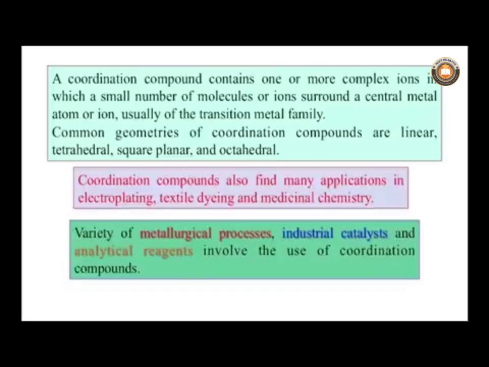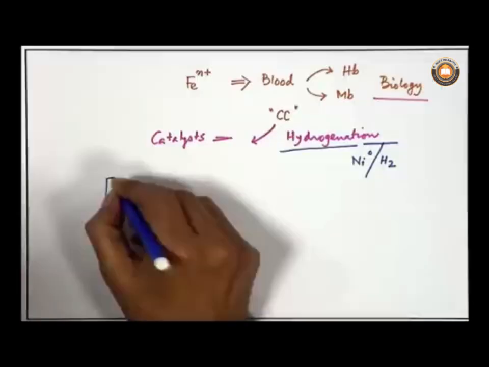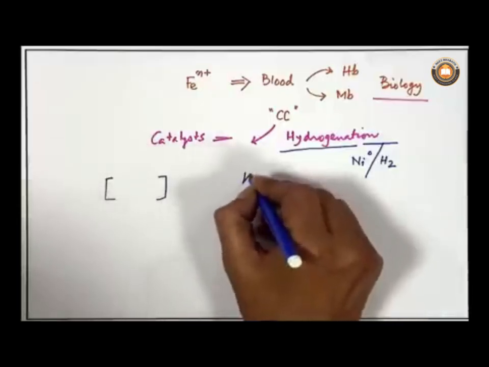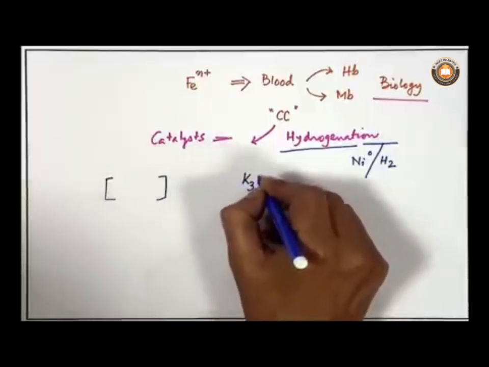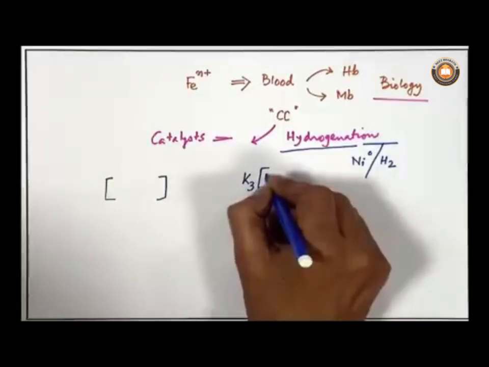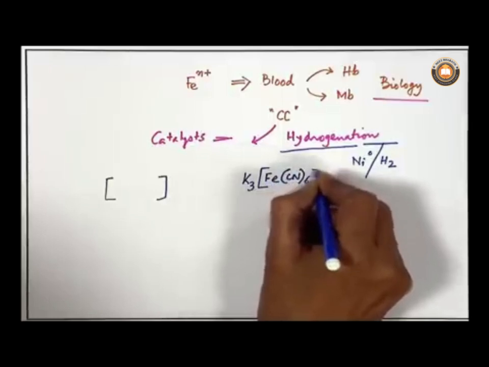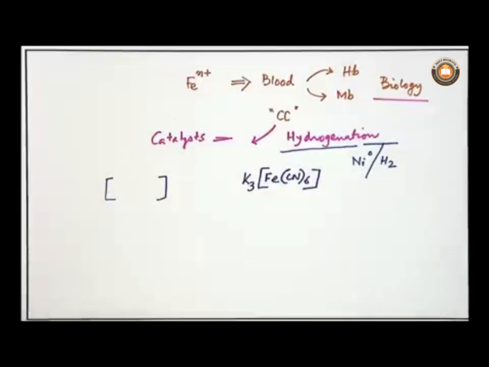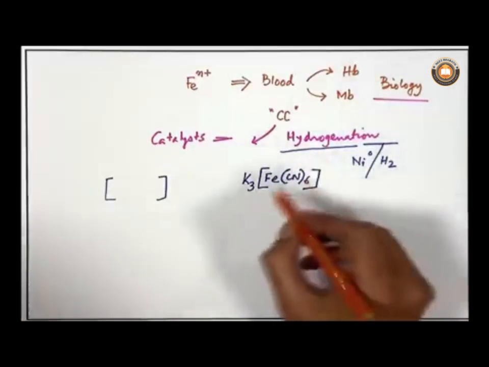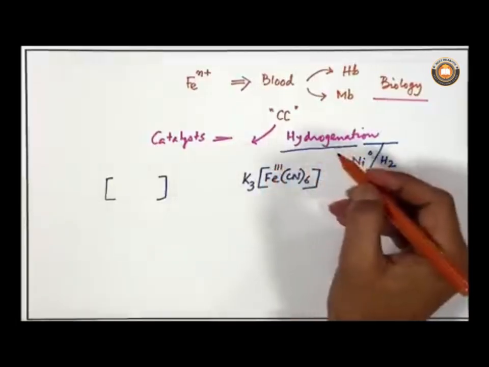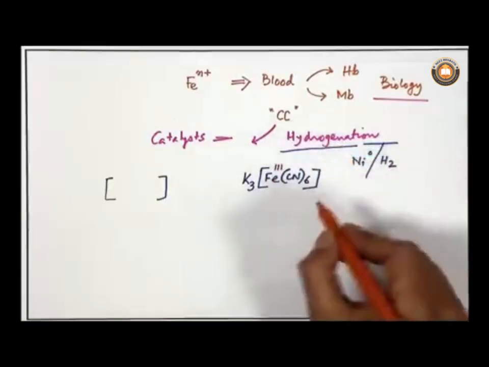So, it basically contains one or more complex ions, which is very important. Afterwards we will define this also. Just now we have seen that we can write a compound like K3[Fe(CN)6], and from our school days we all know this is potassium ferricyanide, where iron is present in +3 oxidation state.